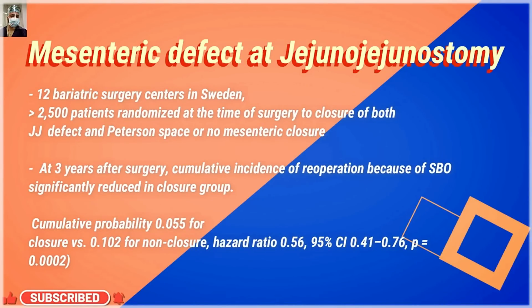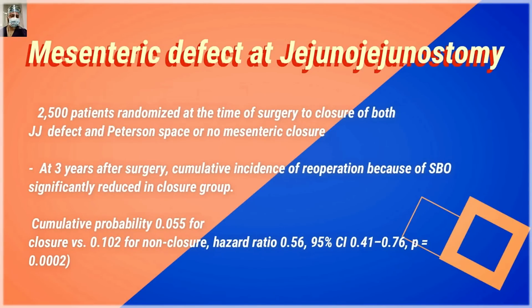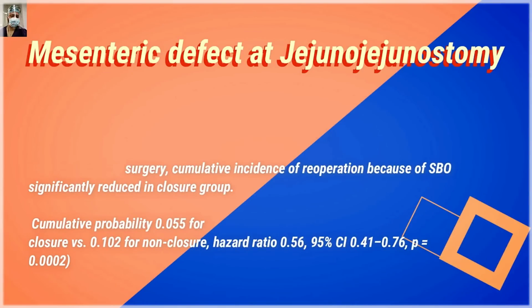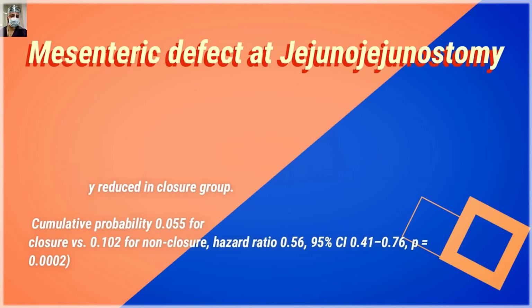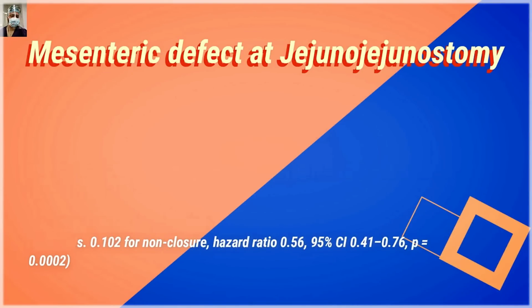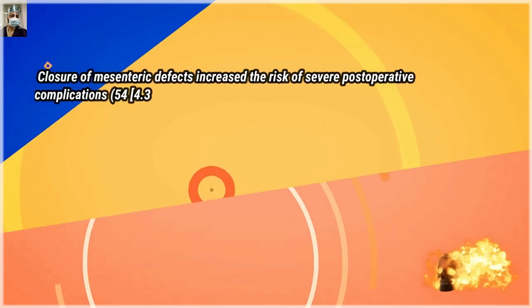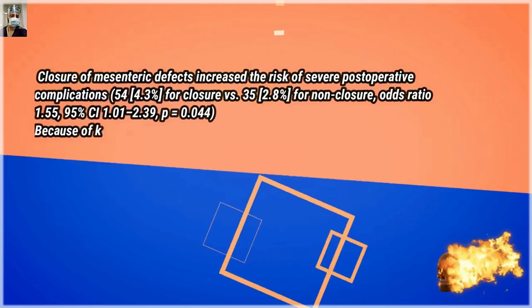That is, the mesenteric closure group has a lesser chance of small bowel obstruction in the long run. The cumulative probability was 0.055 versus 0.102 for non-closure, and it was statistically significant.